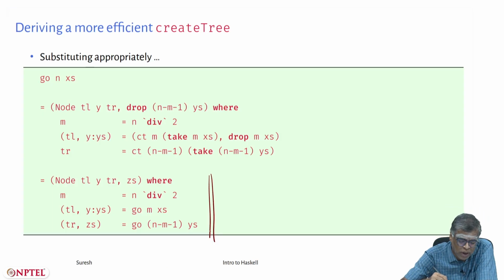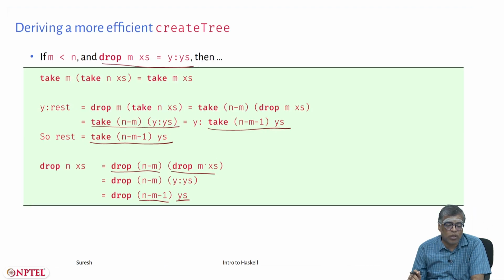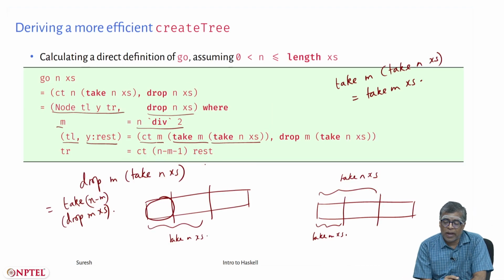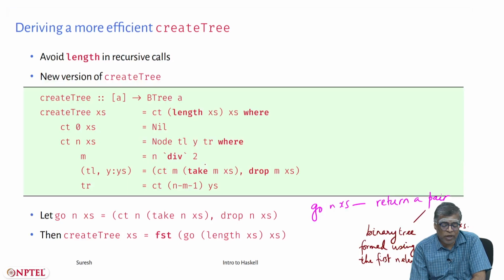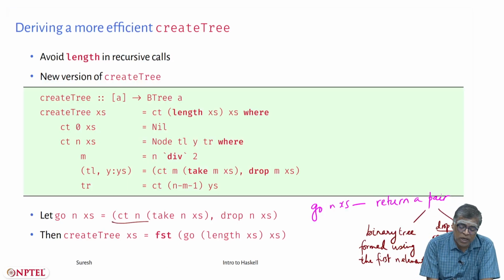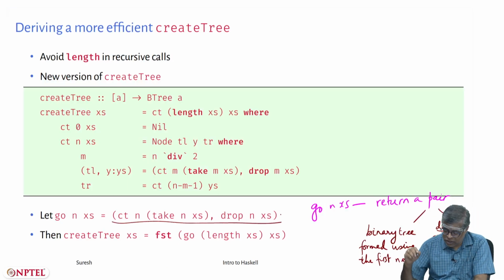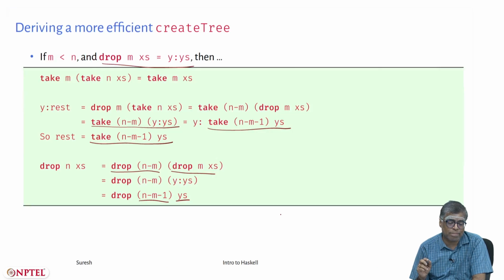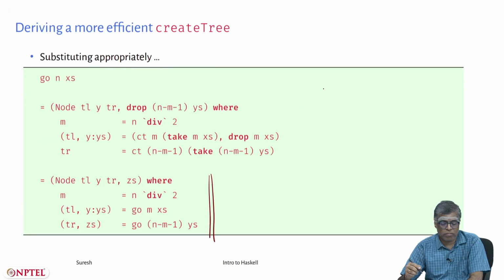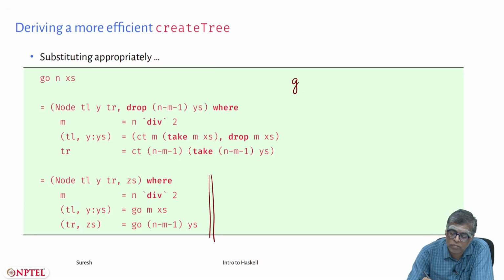Now I remember that I started out by saying that go of n x's was defined to be this, right? ct of n of take n x's, drop n x's. That is the point. Go some generic k, let us say.